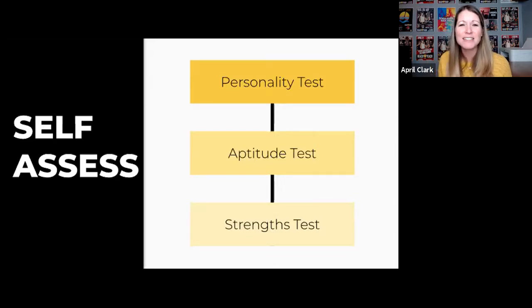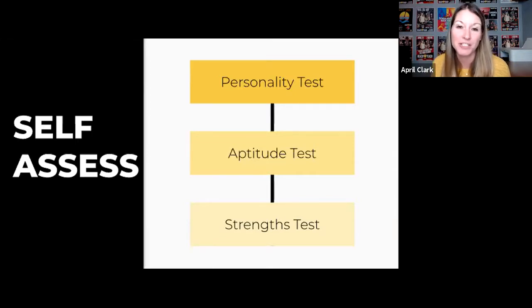But that's definitely something that helped me, even as an adult. I never did this as a student in high school, but as an adult, understanding my own personality traits was extremely helpful in allowing me to figure out who I was and how to communicate and interact with other people, whether it be on a team or in an employer setting.